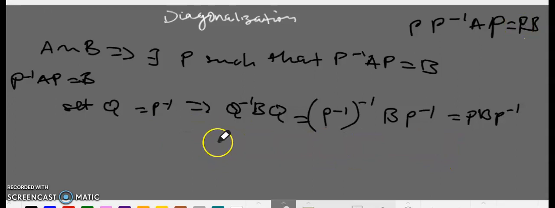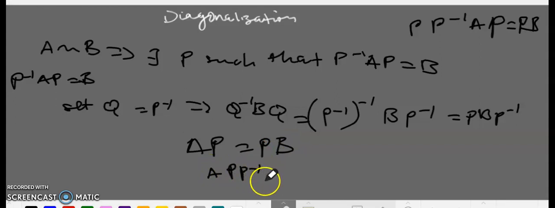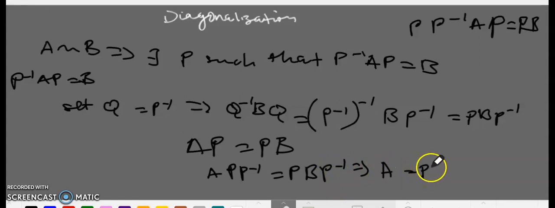So this means that AP will simply be PB. Therefore, AP P inverse is equal to PB P inverse. Therefore, we can say that A is equal to PBP inverse, which means that A is similar to B.